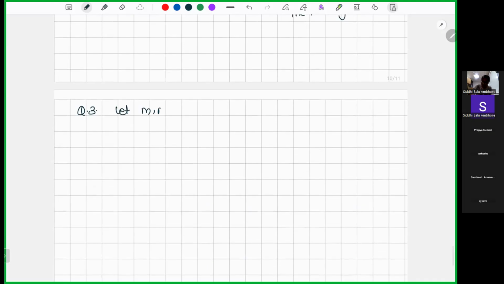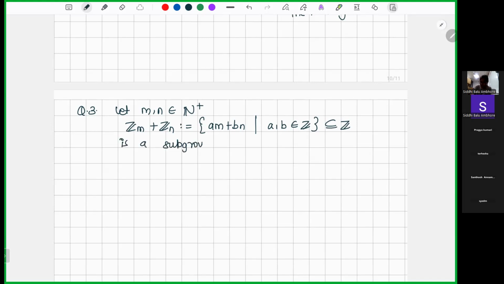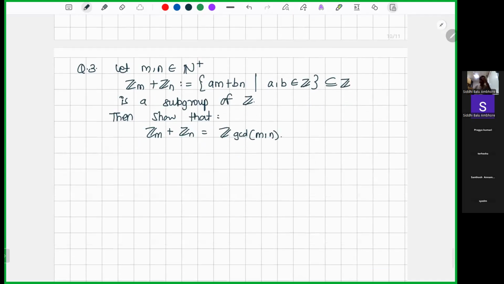They are saying: let m and n be positive integers, and then Zm plus Zn, defined as am plus bn such that a, b in Z, this is a subset of Z, is a subgroup of Z. Then show that Zm plus Zn is Z GCD of m, n. I hope you know what Zm and Zn mean.